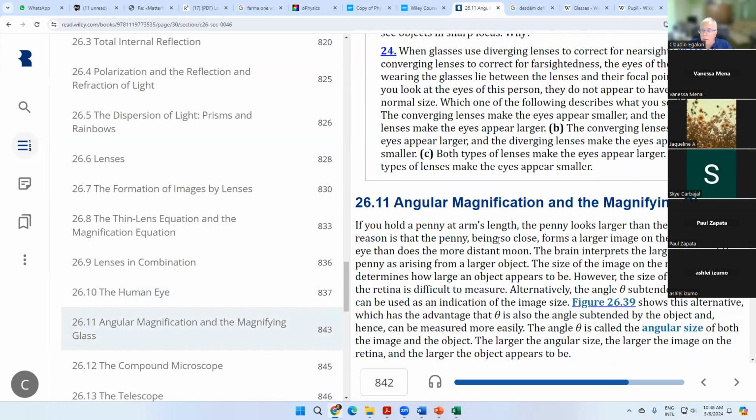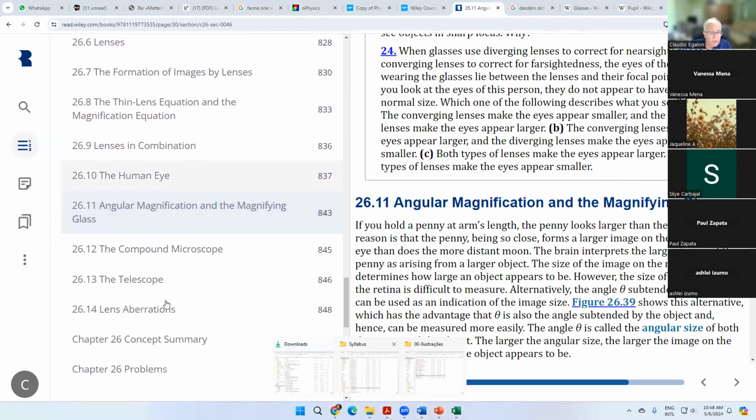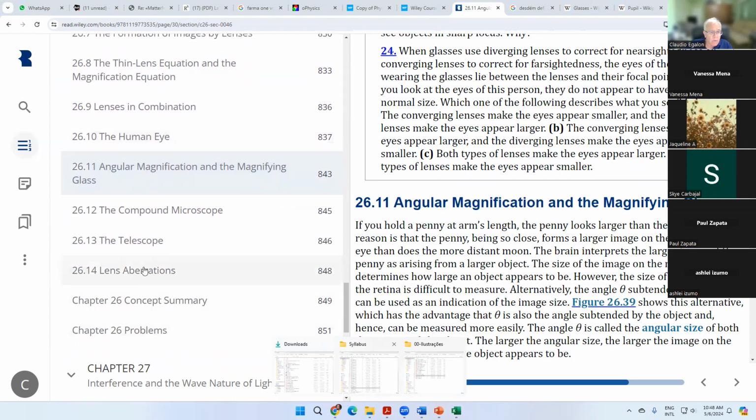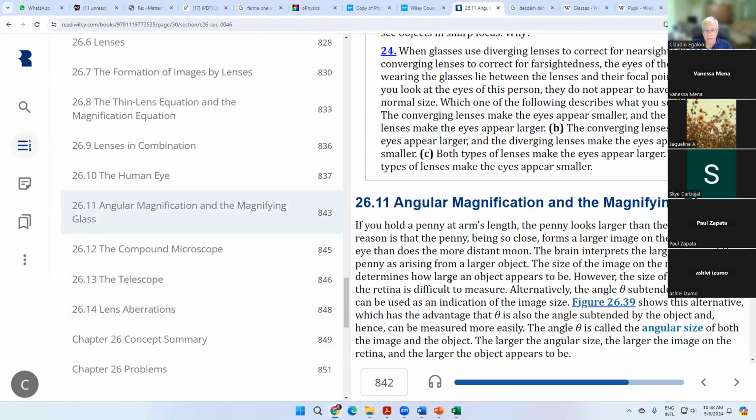So that's what I want to cover for this chapter for now. If we have time, we're going to come back to lens combination and the other topics here, compound microscope, telescope, okay? But at this point, let me get the other notes. Any questions about that?